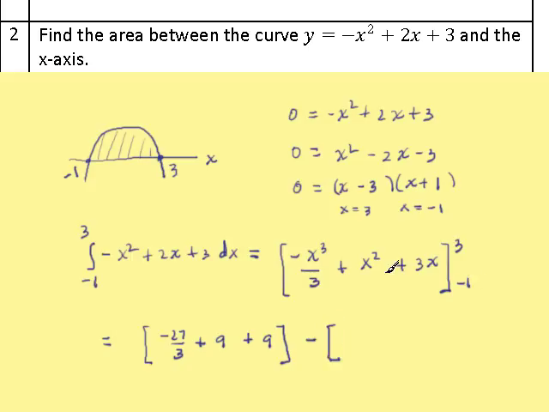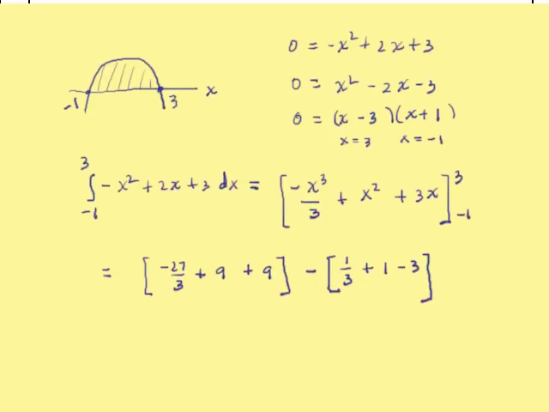Substitute in minus 1, and here we have a negative, so we get 1/3, plus 1 minus 3. Okay, here minus 27 over 3, that's minus 9. Minus 9 plus 9, so here we just have 9. And here we have 1/3 minus 2.